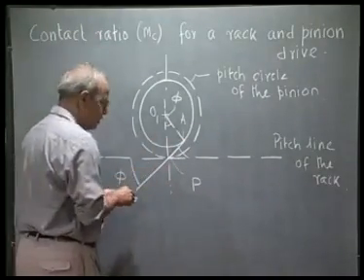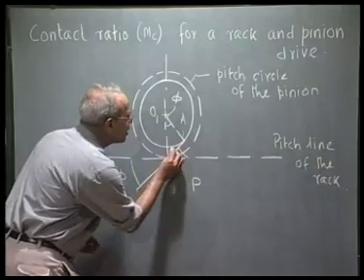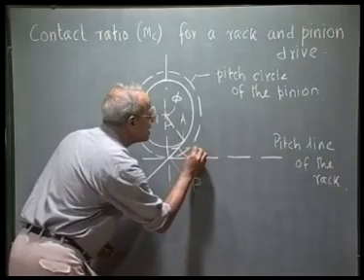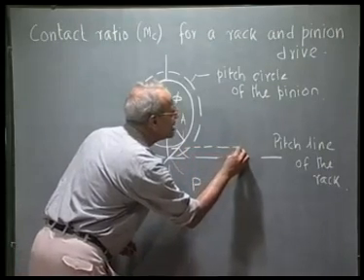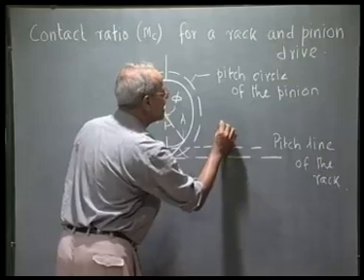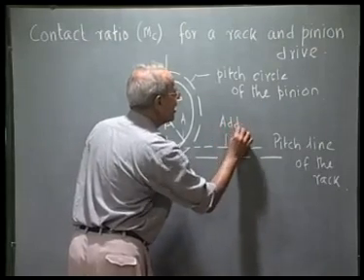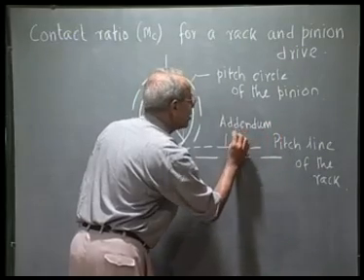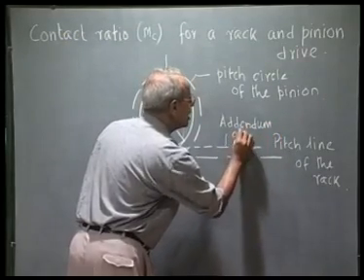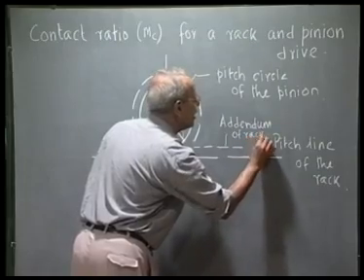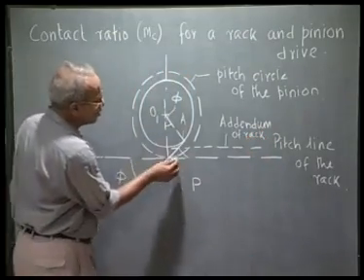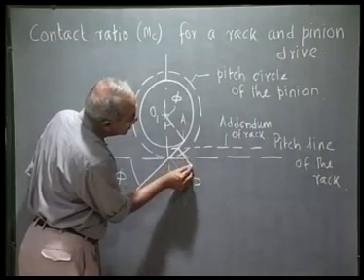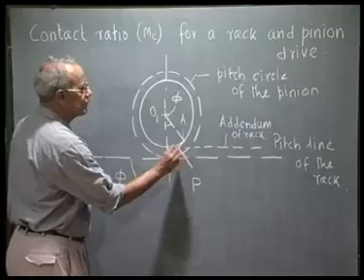So the rack tooth, if I draw, this is the addendum line of the rack. So, the rack tooth is perpendicular to this line of action. Let this be the rack tooth.